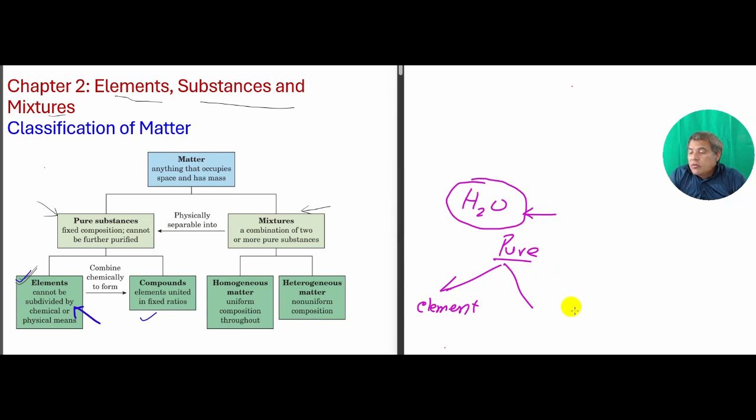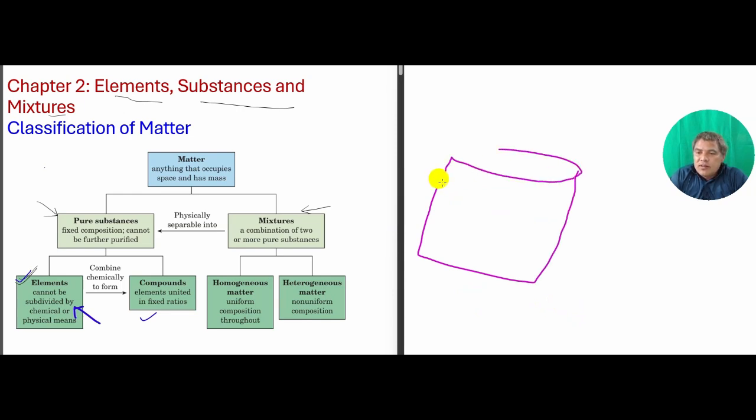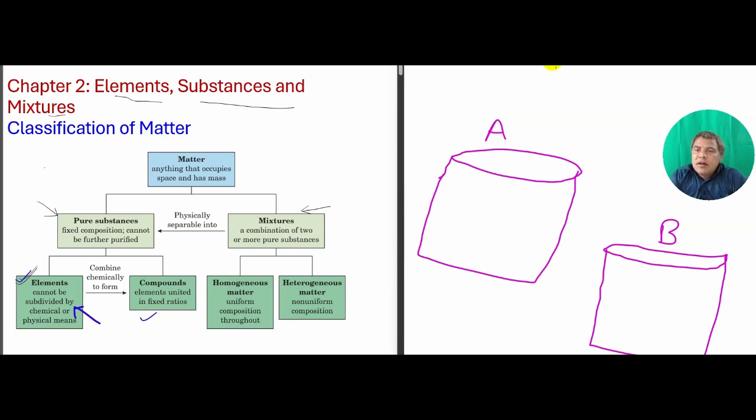So what the homogeneous mixture basically means, let me start from an example. Let's say this is one substance. Sorry about this bad picture, not a very uniform picture. Now this is another. This is substance A, substance B, both in a mixture. Now let's see how they are mixed.